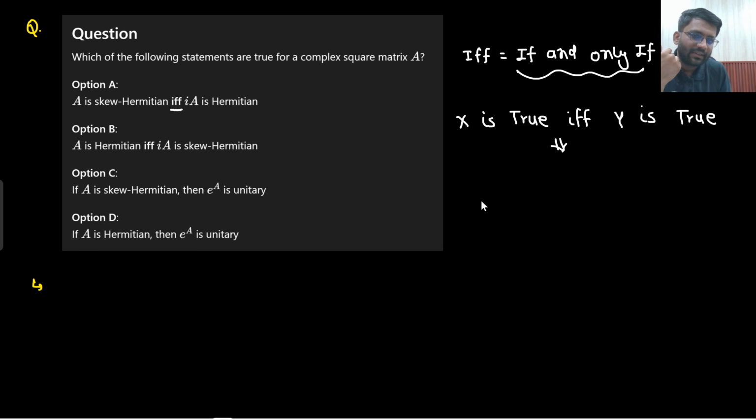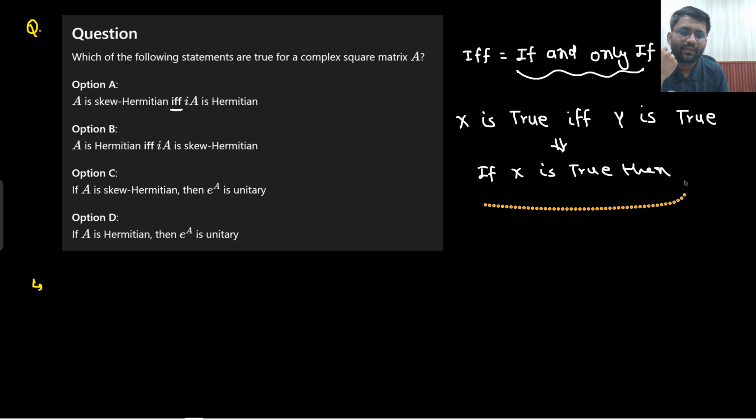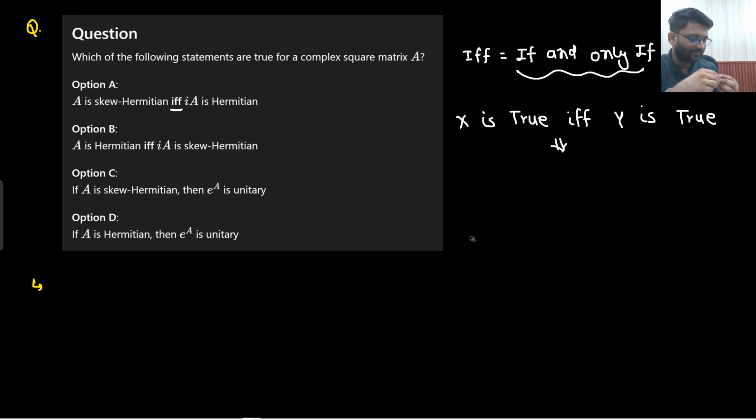The meaning of this is, if X is true, then Y is true. I don't know why handwriting is not coming good today. What is the meaning of this? If X is true, then Y is true.